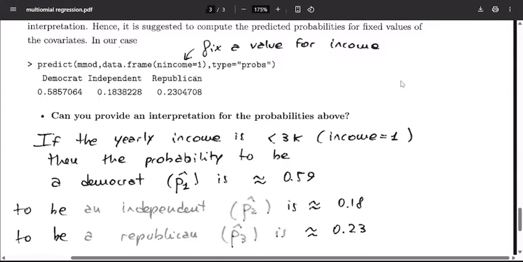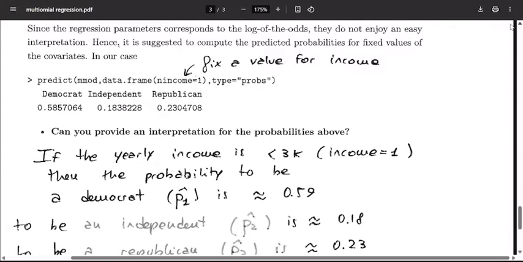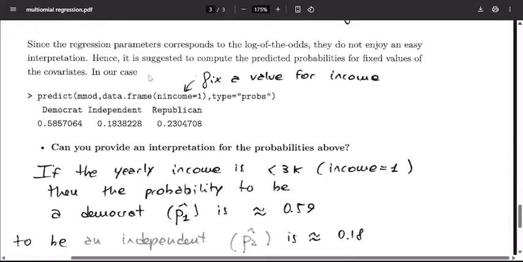Now, I need you to pay attention. It is suggested to compute the predicted probability for fixed values of the covariates. Covariates here is the income. If I know the value of income, can I use my model to predict for individuals? What will be the percentage of Democrat? What would be the percentage of independent?